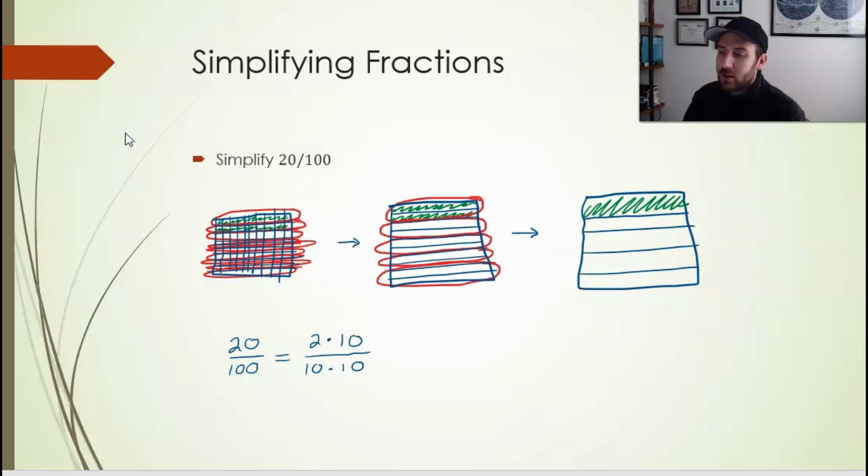Well, 2 groups of 10 and 10 groups of 10 would really just be 2/10 times 10/10. 10/10 is weird, that's really just 1. So 2/10 times 1 is 1 time of 2/10. That's just 2/10.